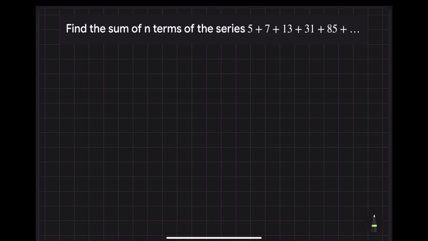What we'll do there, we will keep on finding the difference till we get either a constant number or things in GP. So look at this. We have 5, 7, 13, 31, then 85, dot dot dot.